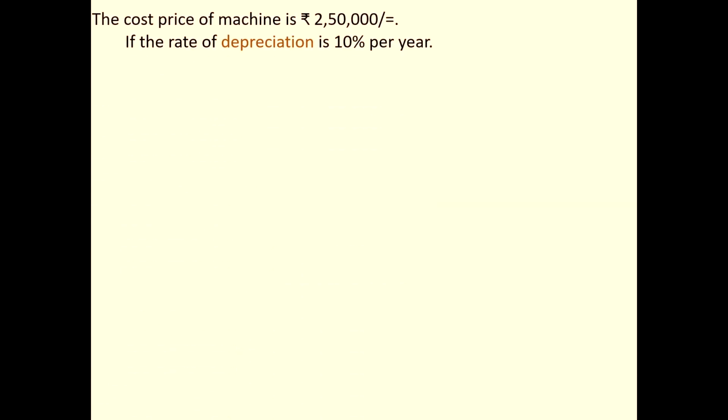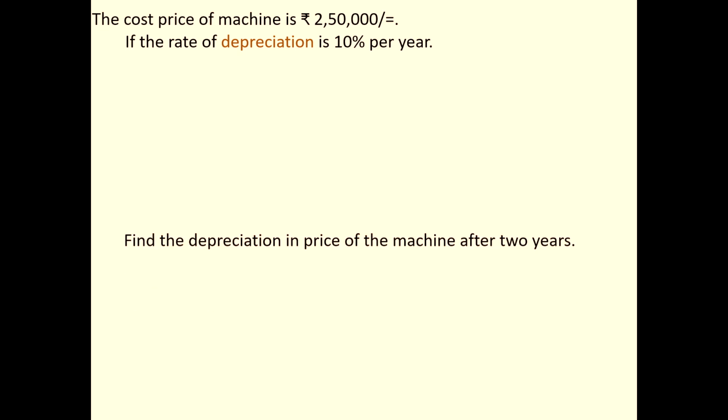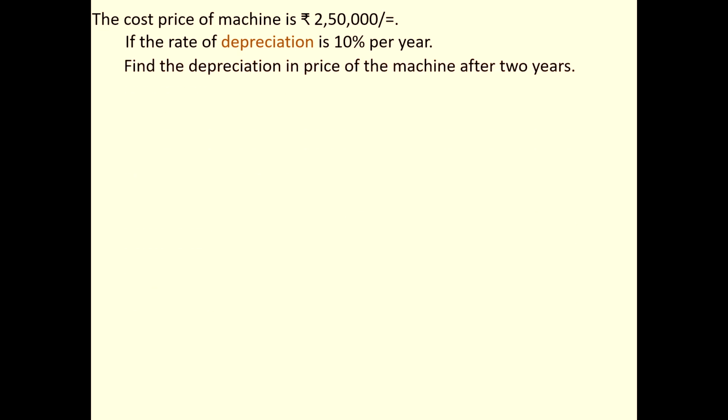Let us go for one more example, of depreciation. The cost price of a machine is 2,50,000. If the rate of depreciation is 10% per year, find the depreciation in price of the machine after 2 years. So principal is 2,50,000, rate is 10% and time period is 2 years.